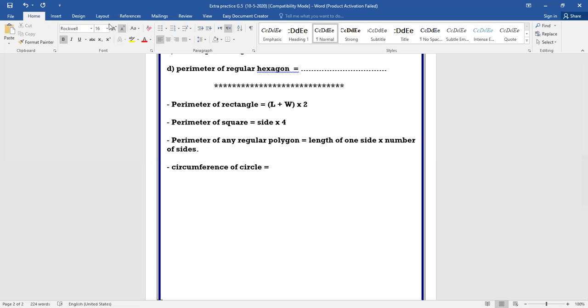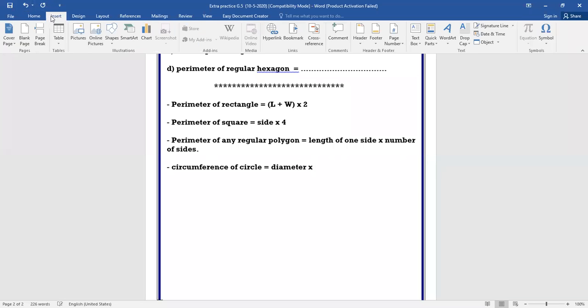One of them, if we have diameter, it will be diameter multiply by pi, or if we have radius, it will be 2 multiply radius multiply pi, and the value of pi we said 3.14.